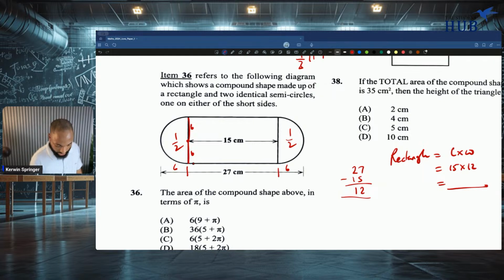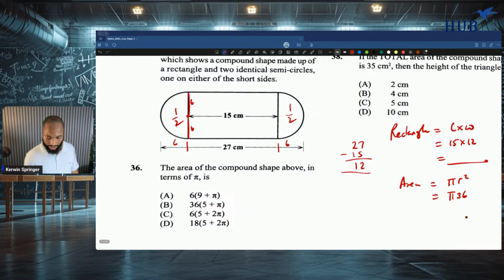And then the area of the circle. The area of the circle is pi r squared. But r is 6, so this is pi times 36. All right, good. So let's examine what we have so far.